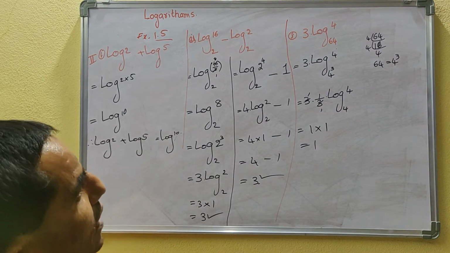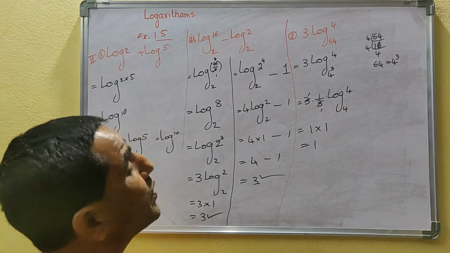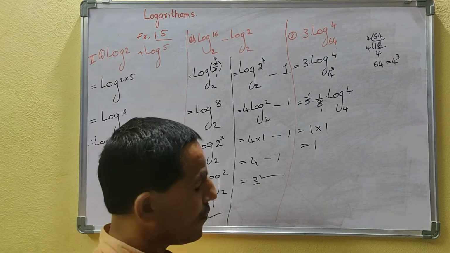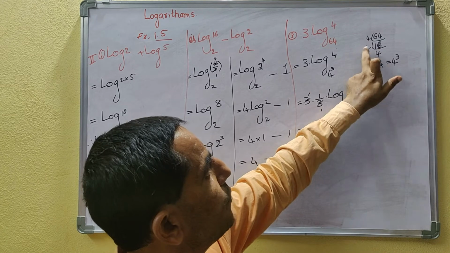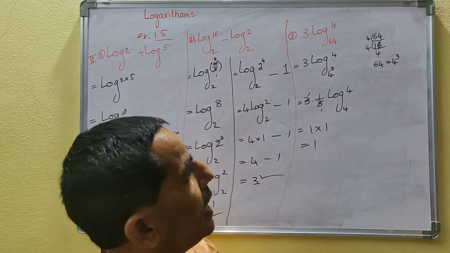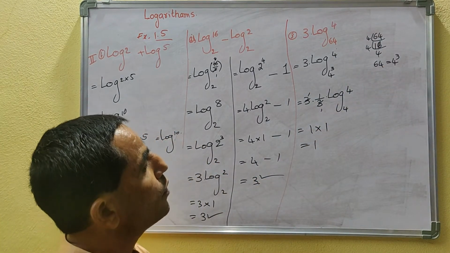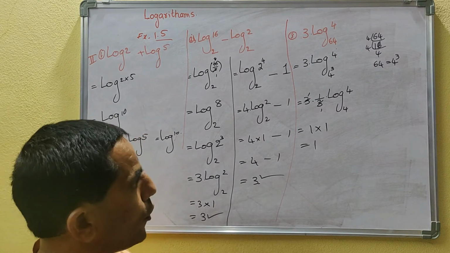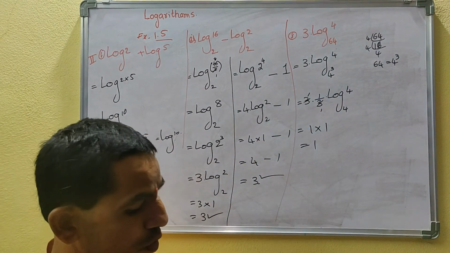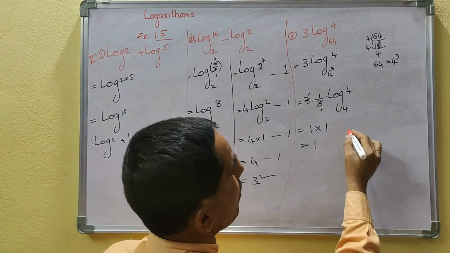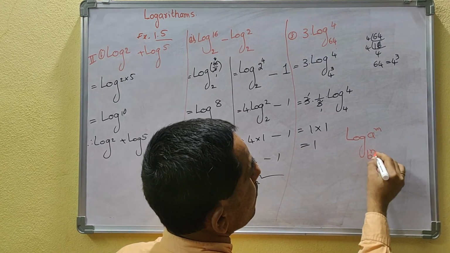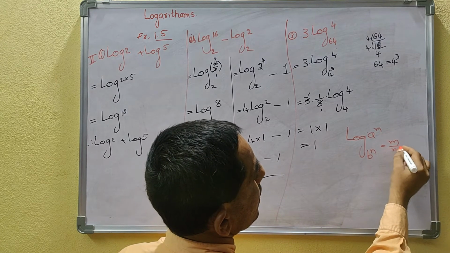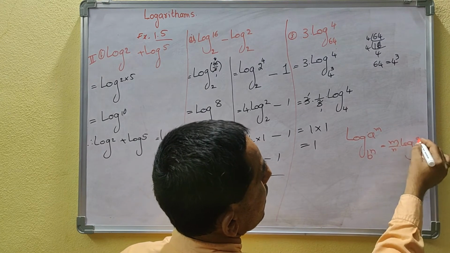I will repeat once again: 3 into log 4 base 64. First of all you write 64, find the factors: 4 times 16, again 4 times 4. So 64 can be written as 4 cube. So 3 into log 4 base 4 cube. Here we have one formula: log a to the power of m base b to the power of n is equal to m by n into log a base b.